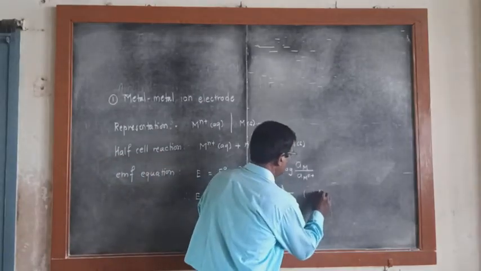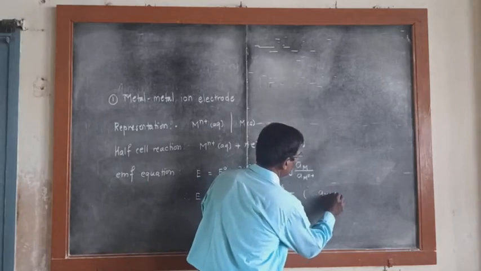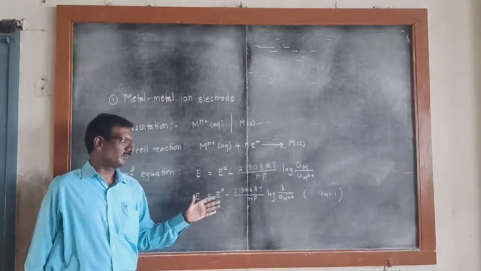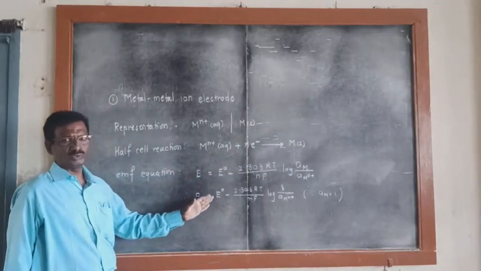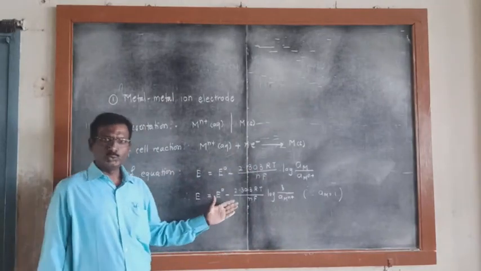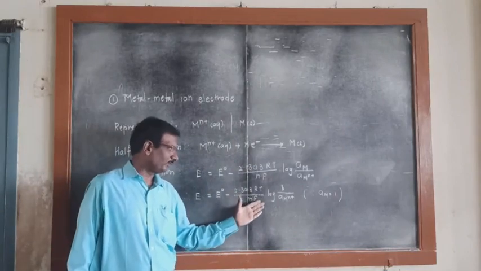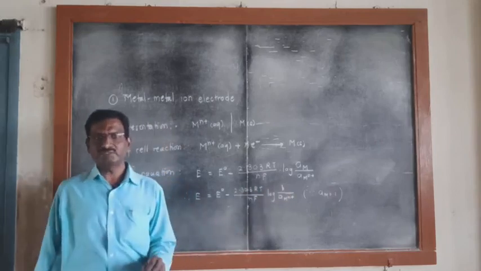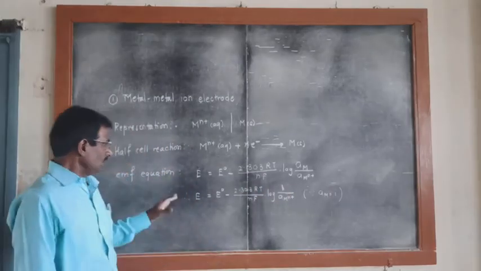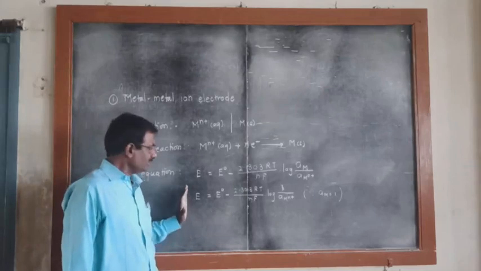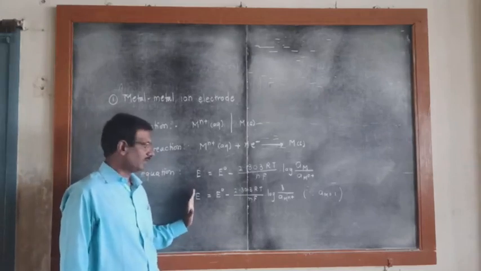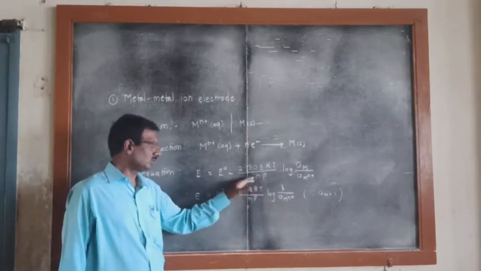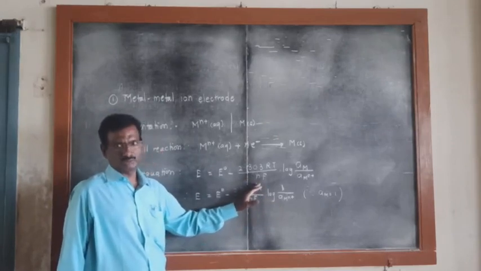That is, in this case, aM is equal to 1. From this equation, we can say that electrode potential or EMF depends upon activity of metal ions in the solution, because all remaining terms are constant.